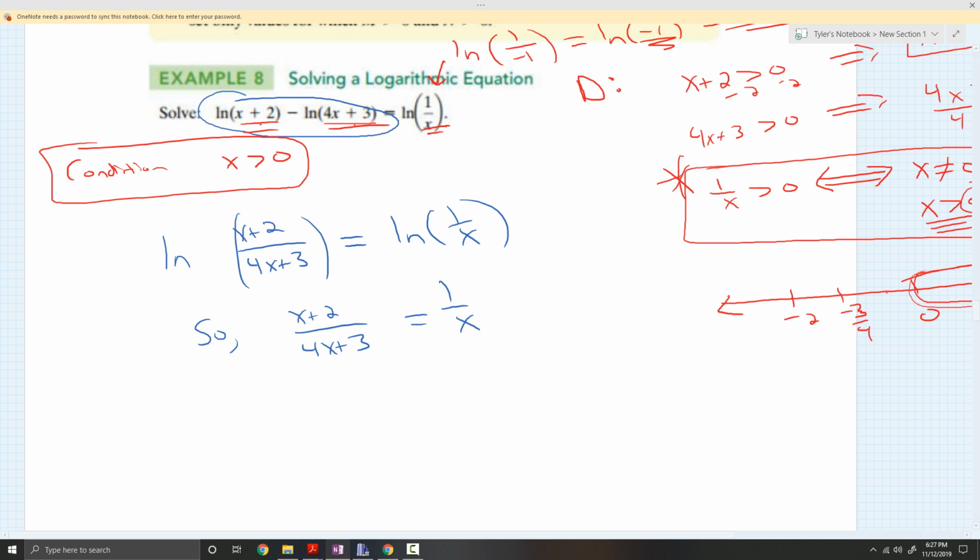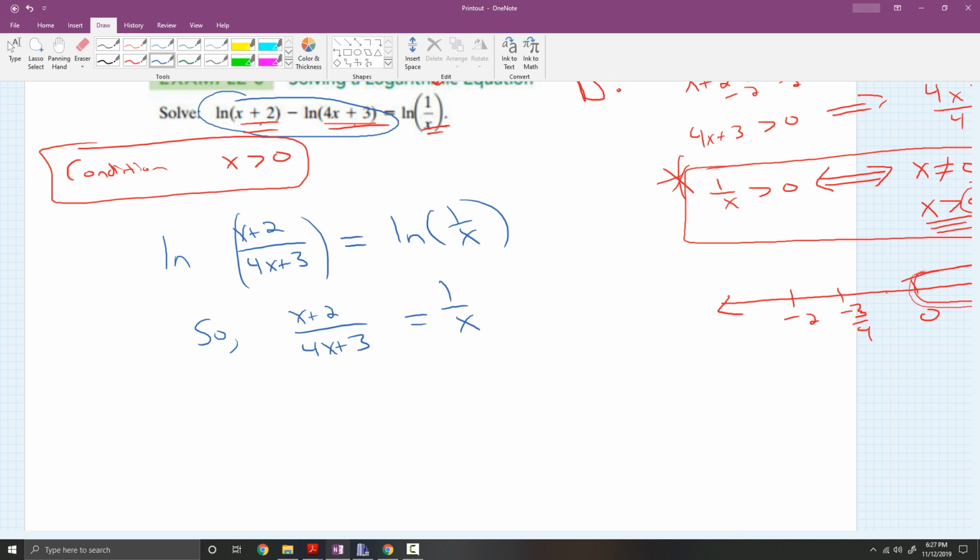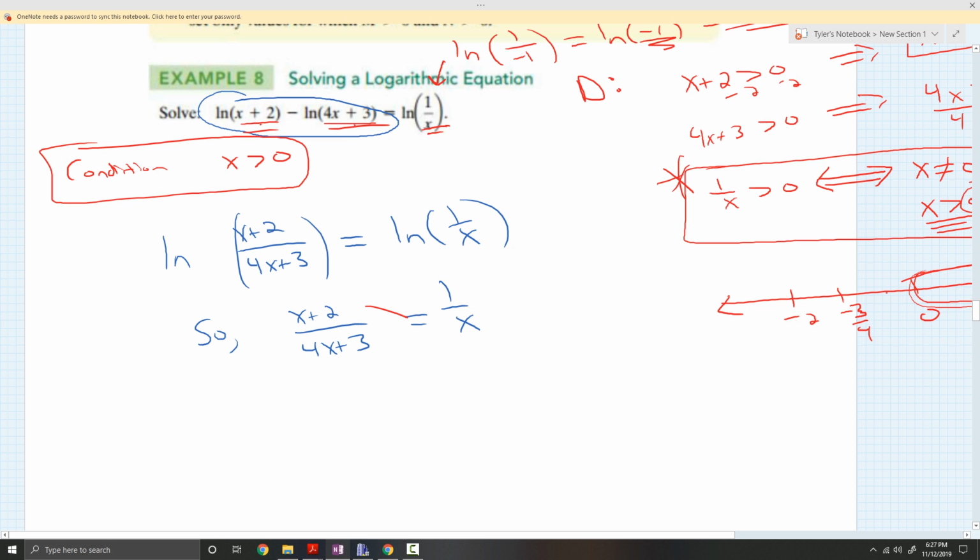So what I could do is set up a proportion, like maybe you've done in middle school or before. We could just cross multiply here. In other words, this would become (x plus 2) times x equals (4x plus 3) times 1. I'll just leave it as 4x plus 3.